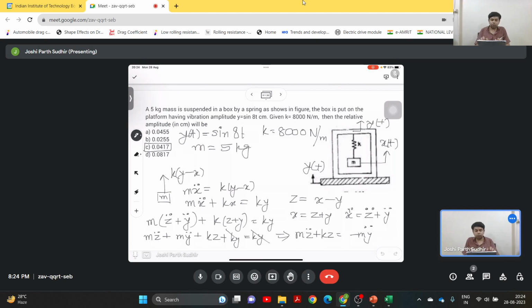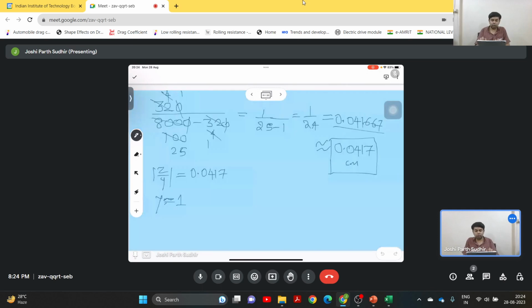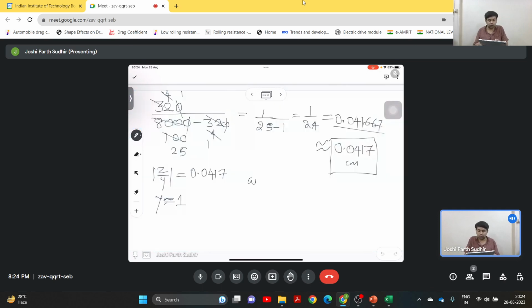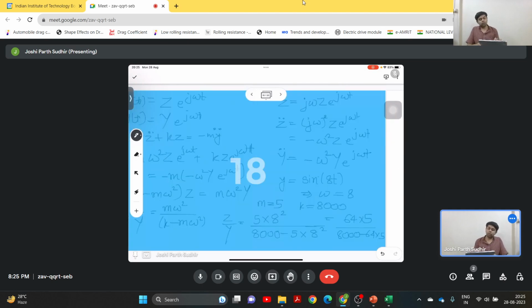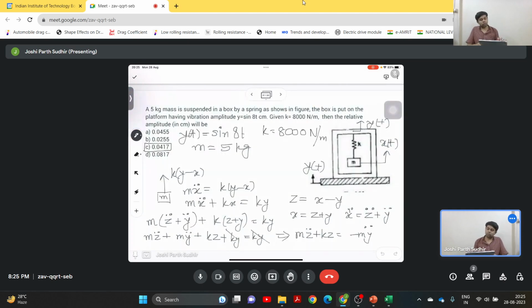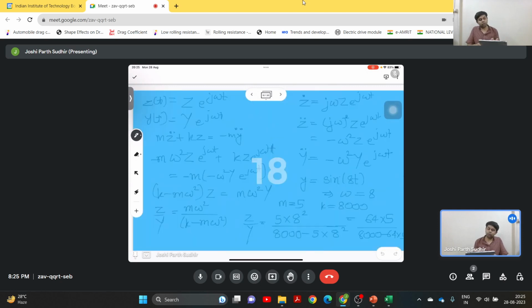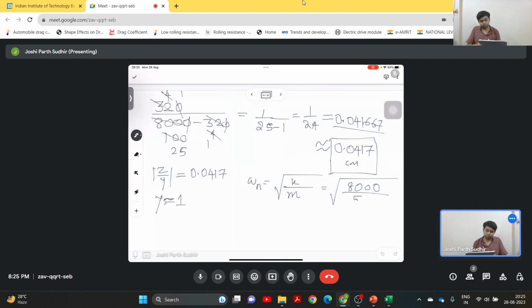So here, if we carefully look at our graph, omega n will be root of k by m, which is root of 8000 by mass m, given as 5 kg.